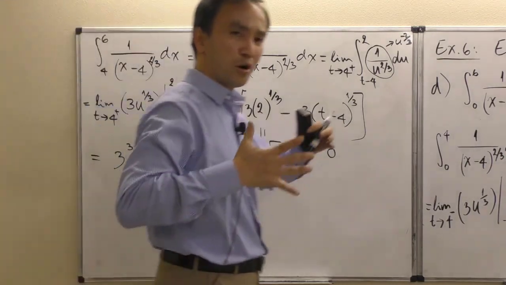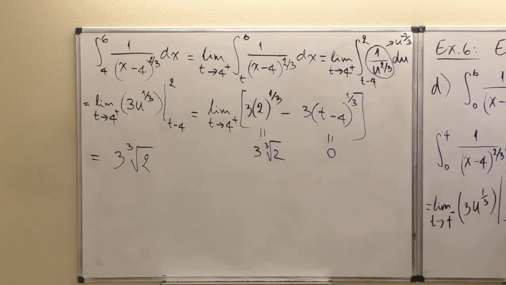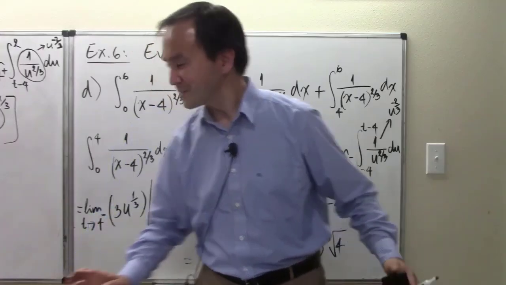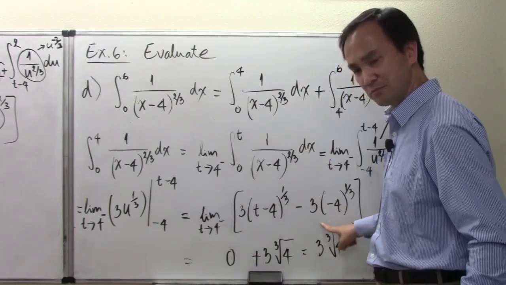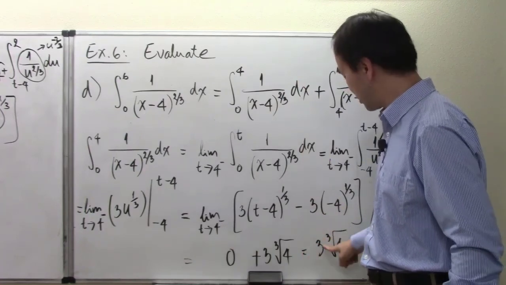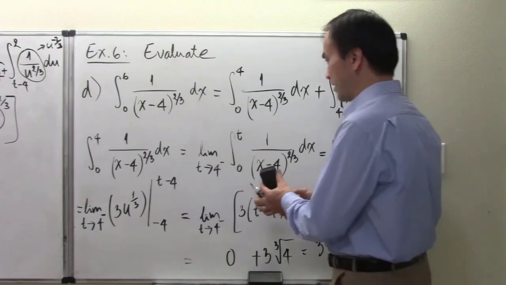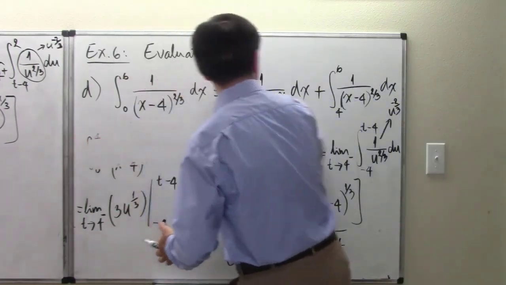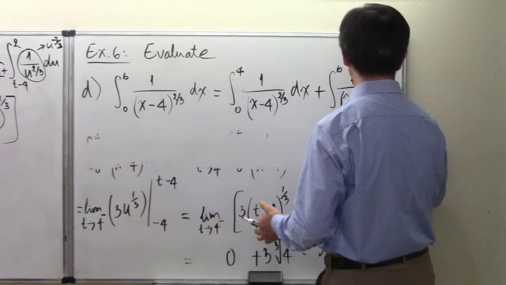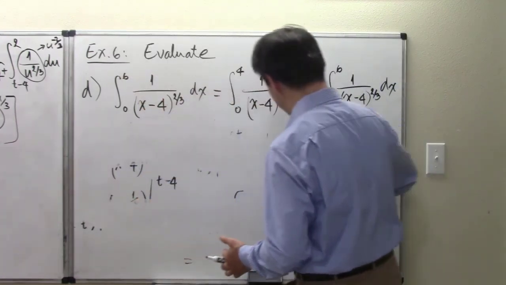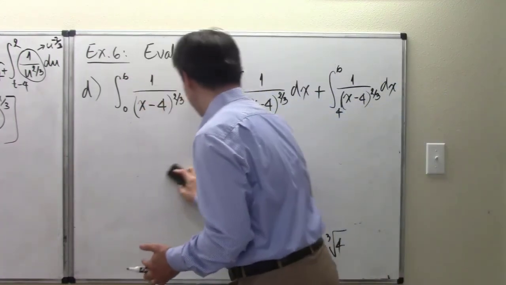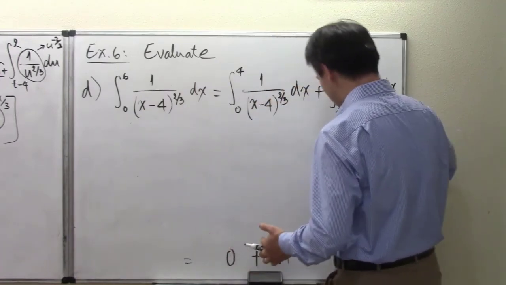So now we are ready to put all the pieces together. This first integral came out as a finite limit being 3 times the cube root of 4. Now I'm going to start erasing all of this extra work that we have already done, and I left it here long enough.